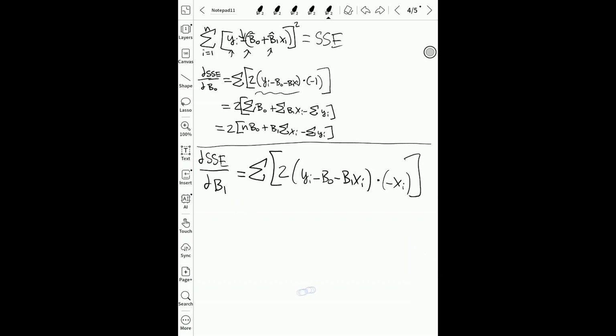So we can clean this up a little bit. Let's get that 2 out in front again. Distribute that negative, and we'll have something like this: negative yi xi, positive beta naught xi, positive beta 1 xi squared.